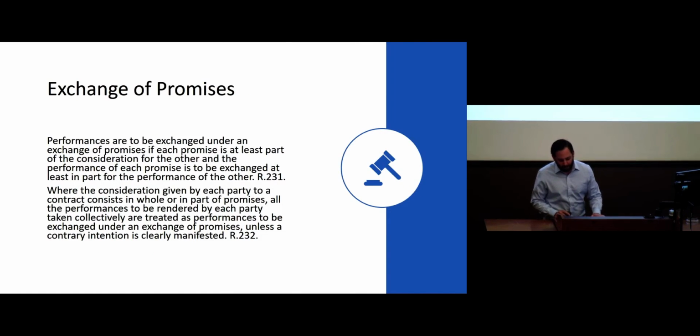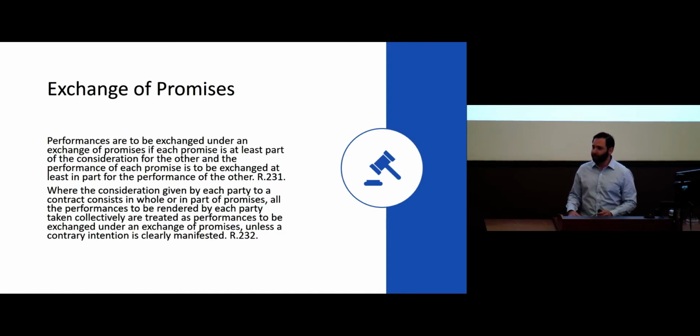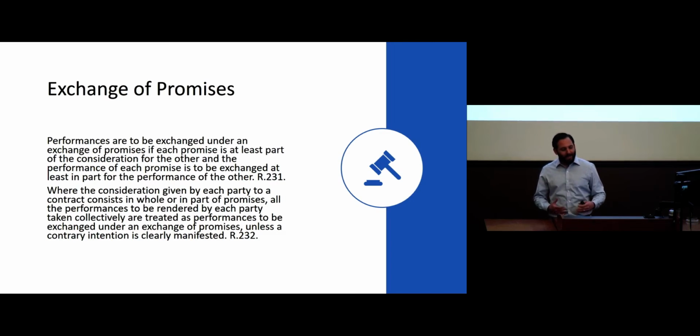The Restatement makes it clear that an exchange of promises, generally mutual and simultaneous conditions, is presumed. So implied conditions are the default state of contract law, except in cases proceeding sequentially or when another intention is clearly manifest.